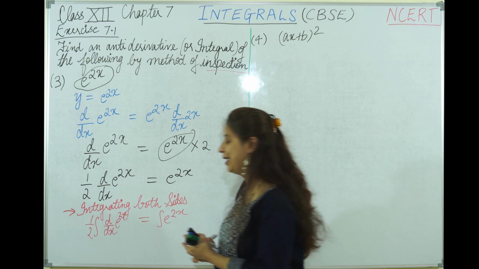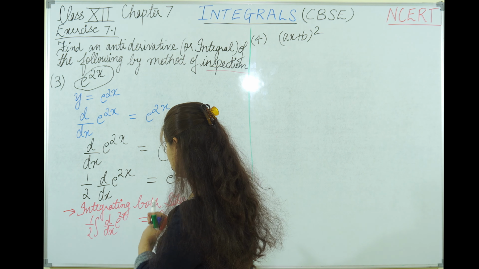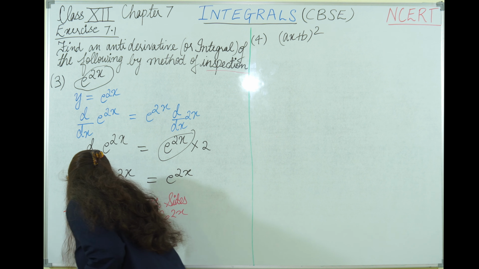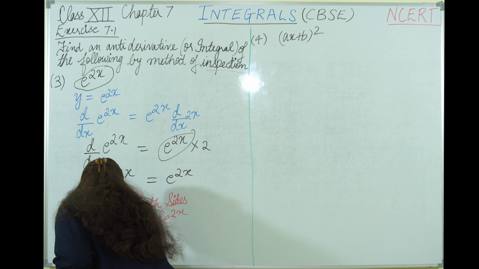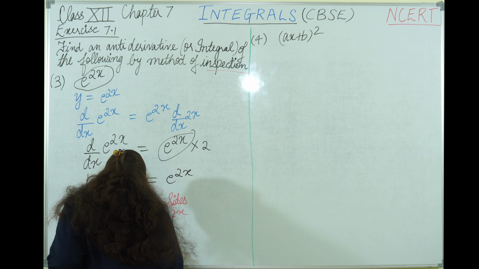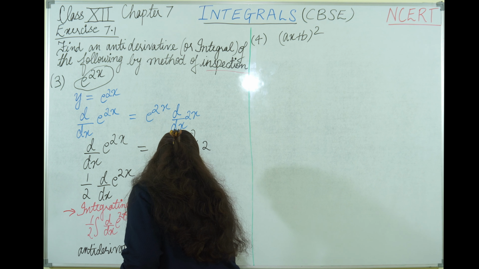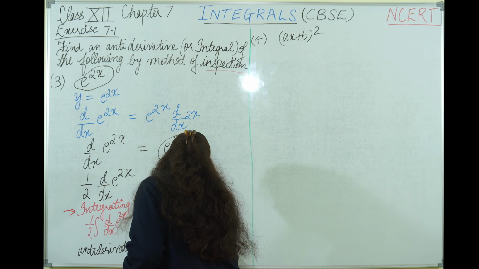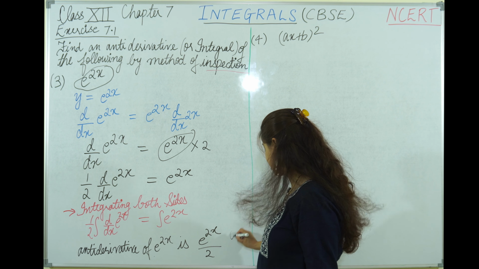This is just the method of inspection. So the antiderivative of e to the power 2x is e to the power 2x upon 2. Okay, so this is my answer.